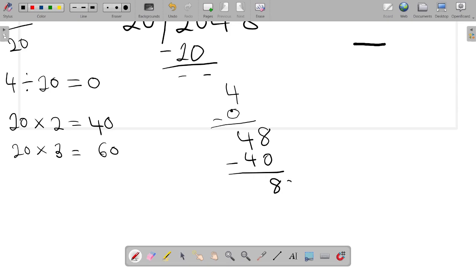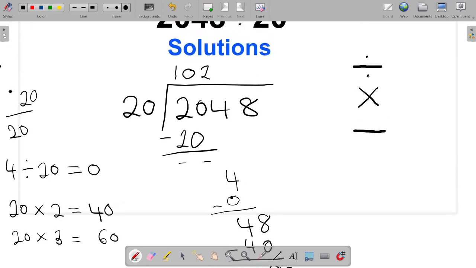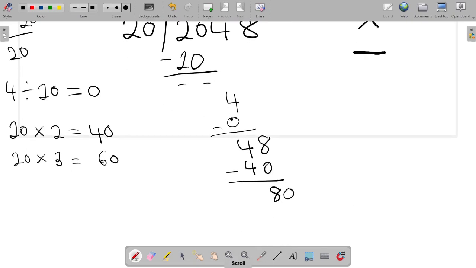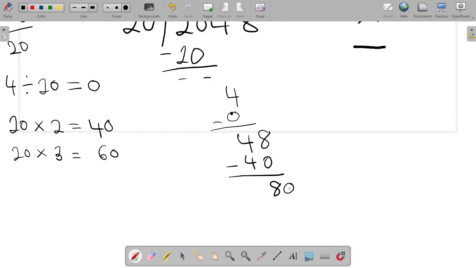In place of the 0 that you add, on the top of the bracket you put a point. Good, because we are moving to decimal, because this is the last digit. Now we have increased 8 to 80, so that we can divide by 20.